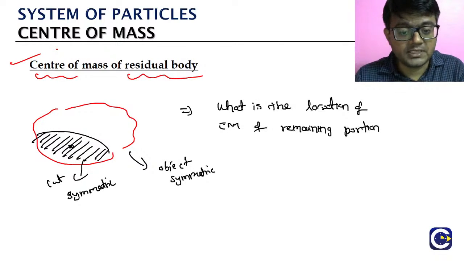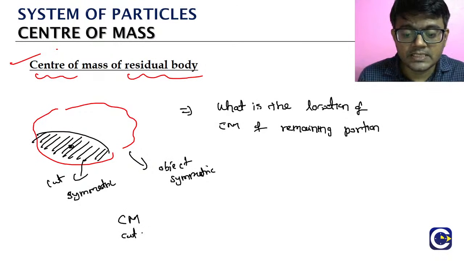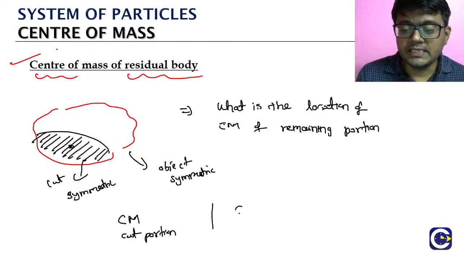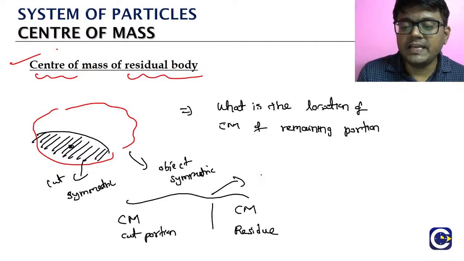Now take the weighted average of the center of mass location of the cut portion and the center of mass location of the residue part, the same concept we did earlier.